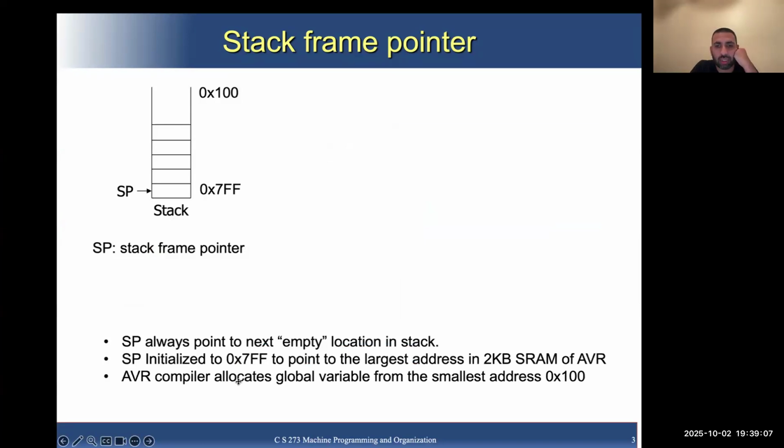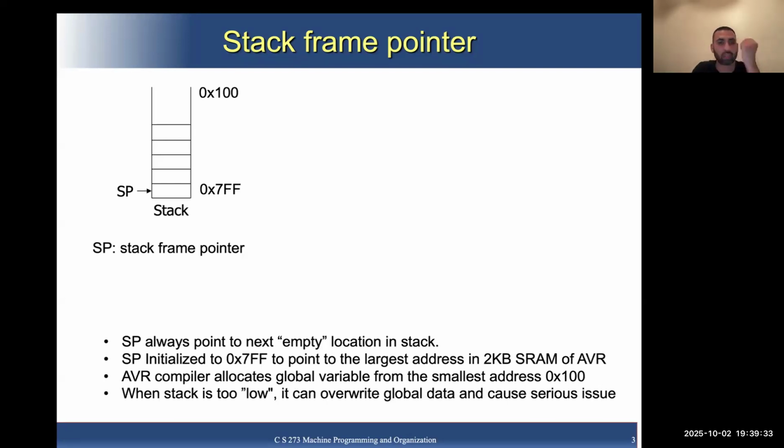Also, as I said, the global variables are allocated by the AVR compiler from the address on the lower side, like 0x100, which is the lowest data address. That's why it's the lowest data address, because remember our general purpose registers and our special function registers are also in the data address range, right?